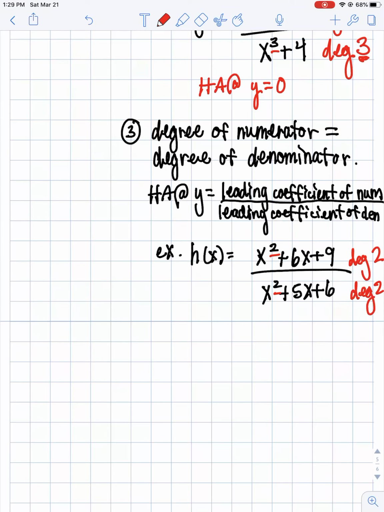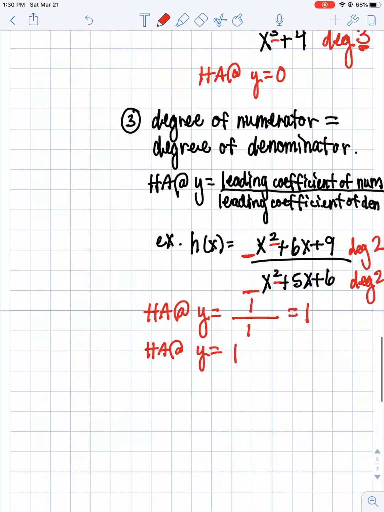The degree of the denominator is also 2 because the highest exponent is 2. So the degrees are the same. So the horizontal asymptote is at y equals the leading coefficient of the numerator. So what's the leading coefficient here? An imaginary 1, divided by the leading coefficient of the denominator, which is another imaginary 1. And 1 divided by 1 is simply 1. So the horizontal asymptote would be at y equals 1.